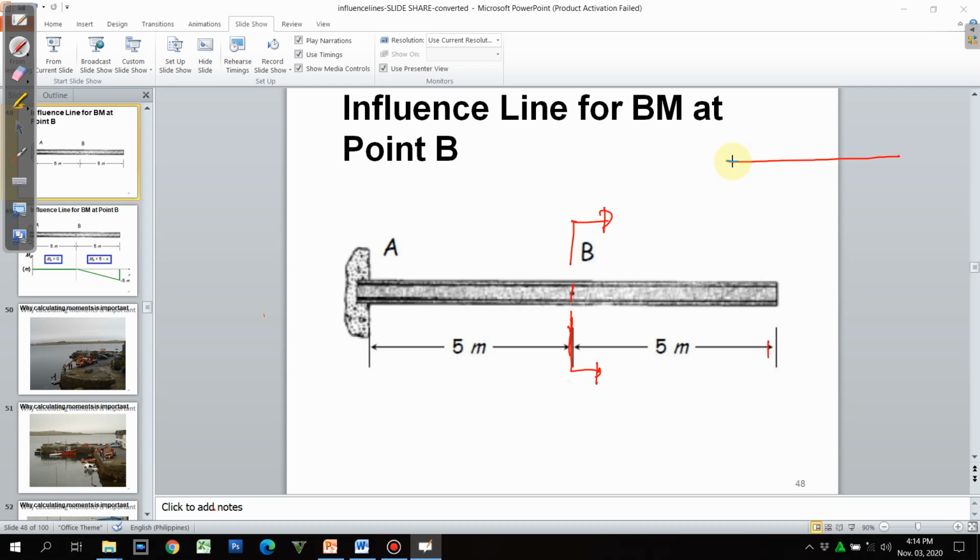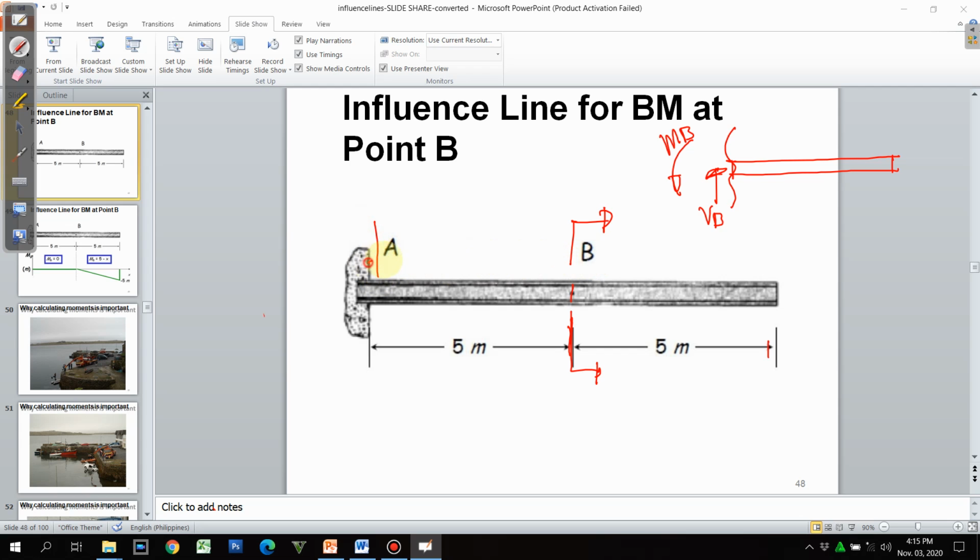At the right portion, this is the cut section. There will be a shear at B here and moment at B. So A to B.